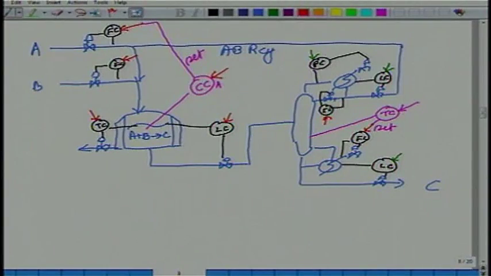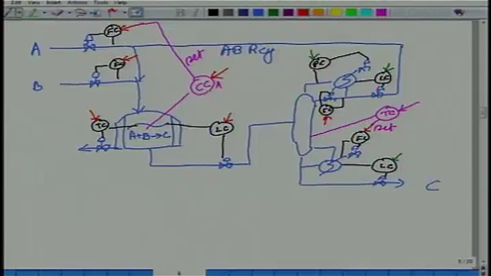Earlier we were specifying FA, FB, temperature, level, steam and reflux. Now we are specifying FB, composition inside the reactor, reactor temperature, reactor level, column temperature and reflux. You see what you are specifying, the 6 specifications for the process have changed.